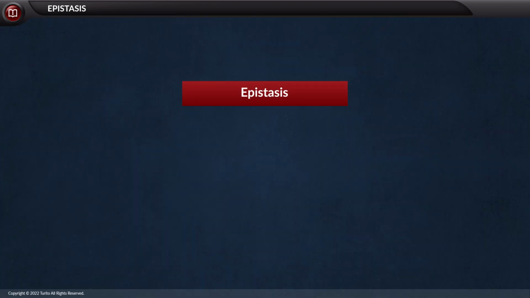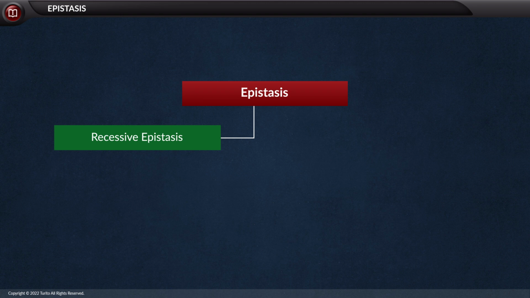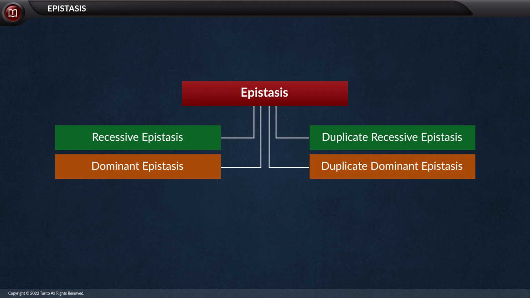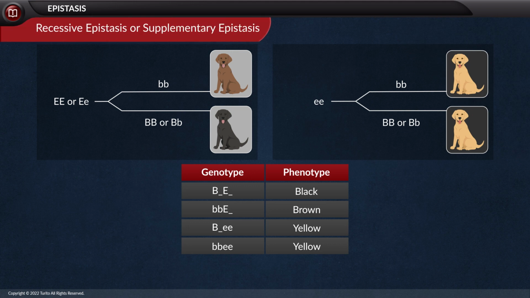Furthermore, epistasis is of different types: recessive epistasis, dominant epistasis, duplicate recessive epistasis, duplicate dominant epistasis. The first type of epistasis is recessive epistasis, also called supplementary epistasis.